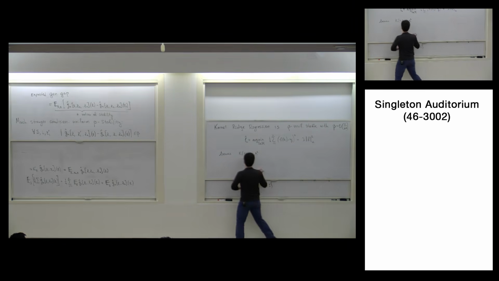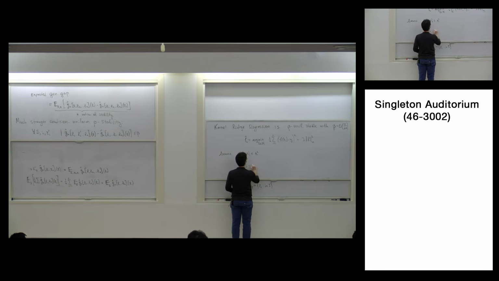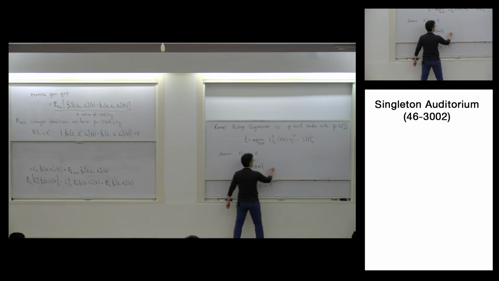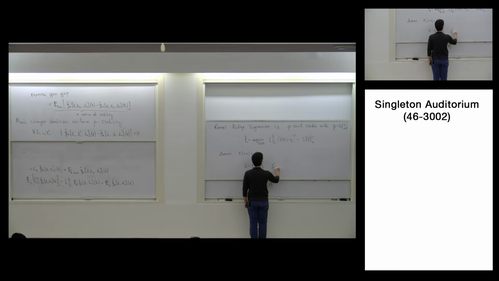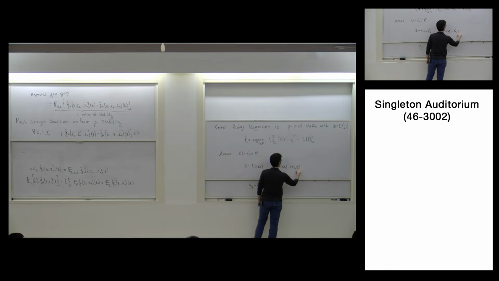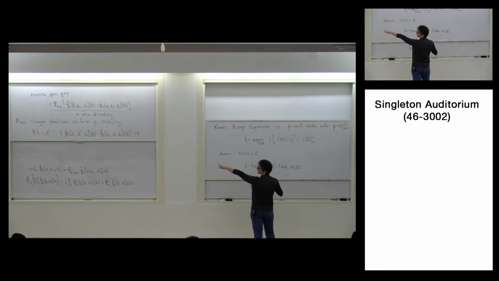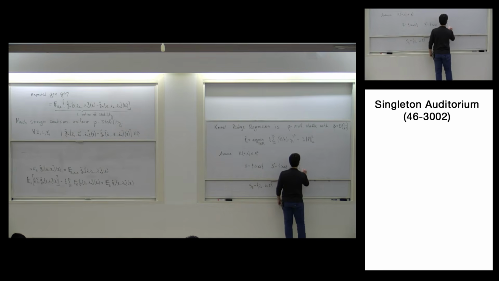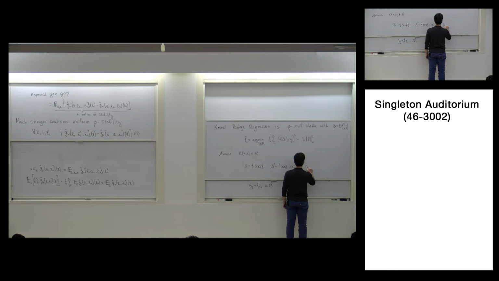So I'm going to denote the data set S as the x_i, y_i pairs, and S prime will be the one where the i-th pair is replaced by z_i prime.